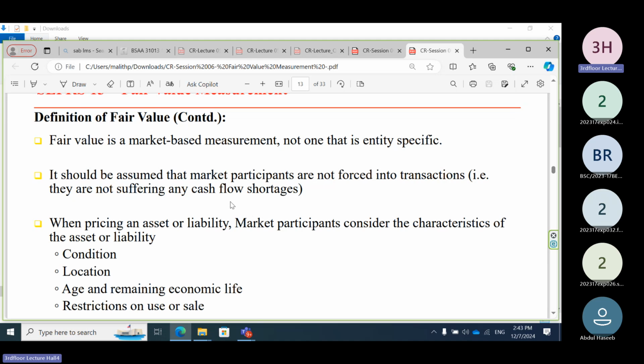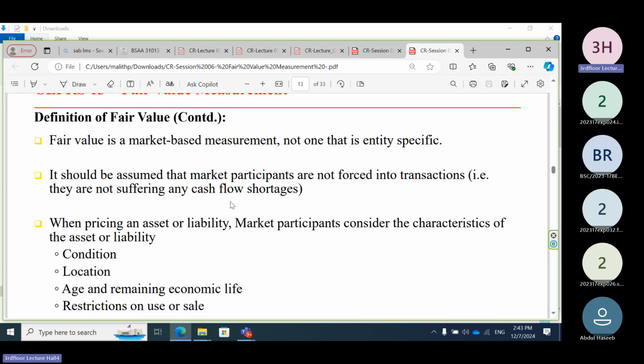If you do the fair valuation, you have the ability to compare it with someone else. It's not a person-specific, individualized number. That's a common number for one market. If you do the fair valuation for land, for you and for some other entity, they can compare between the two entities.